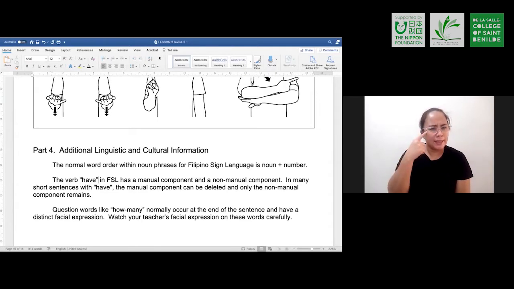The reason why I wanted to see the example was I wanted to see which occurred first, noun and number or the deletion of have. And they both occur in example 2B or 2A. So I think it's fine to put the normal word order is noun plus number and then talk about the verb have.